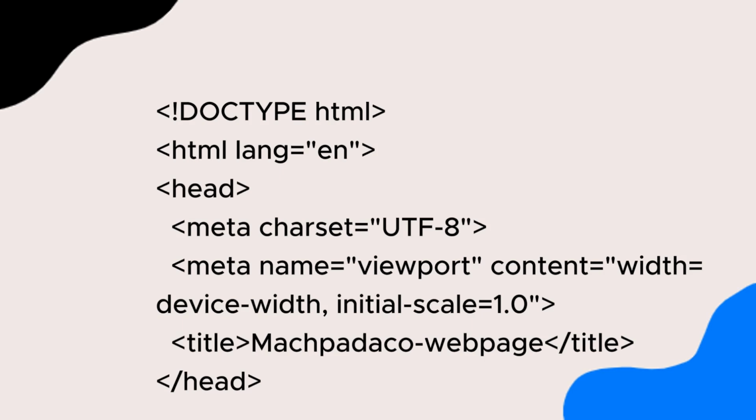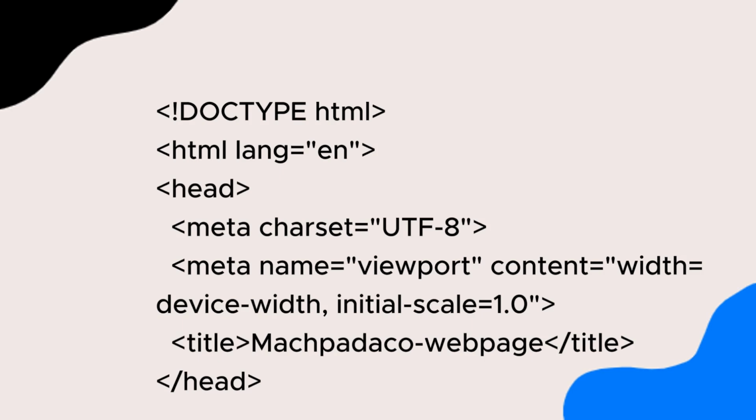In between the head open and close tag, you have your title. Here I'm using Machpadaco web page. The title also has an open and close tag. In between the open and close title, you write your title. Here I'm using Machpadaco web page.